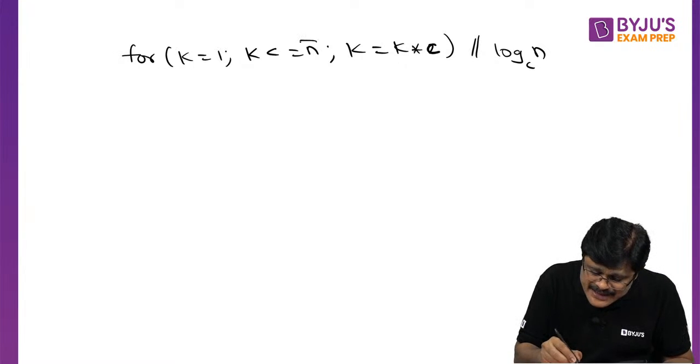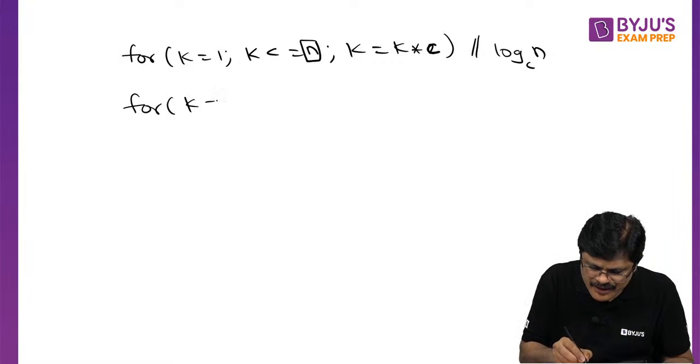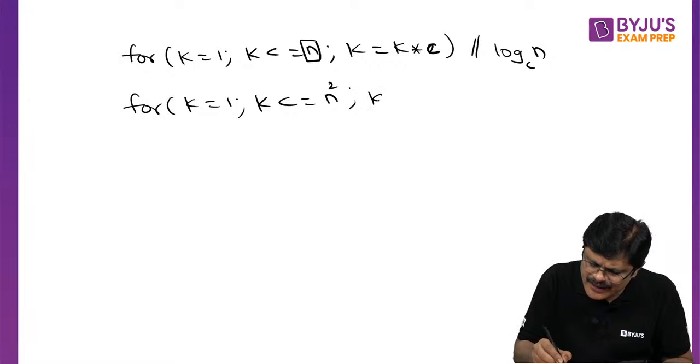Now अगर इस n की जगह if I put something else, if I put n square, क्या होगा?